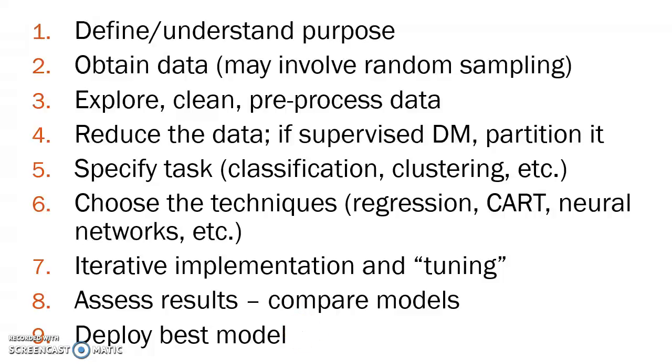Once we've gone through that pre-processing of the data, we might reduce it, we might partition it, and then we're going to start looking into the tasks. And this is where we're talking about that supervised versus unsupervised. What's the most appropriate category that we're looking at? Below that, if it's supervised, we might be using classification. If it's unsupervised, we might be using clustering.